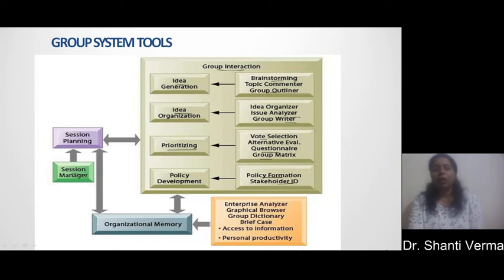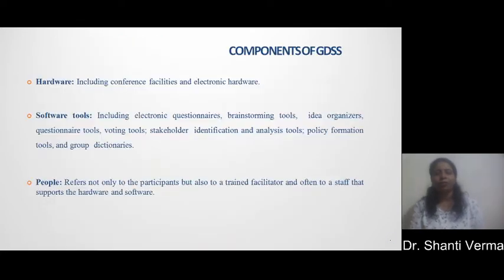And the organizational memory is used for enterprise analyzer, graphic browser, group dictionary, and this information is accessed for personal productivity and to achieve the objective of the organization.